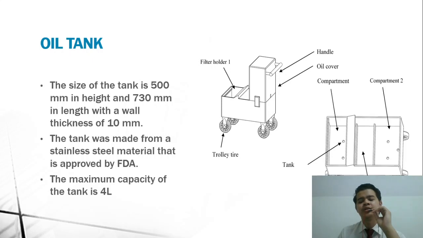The oil tank is made from stainless steel that is proved safe by the FDA, Food and Drug Administration from the US. It has a maximum capacity of 4 liters. This oil tank also includes a handle, oil cover, and tire.